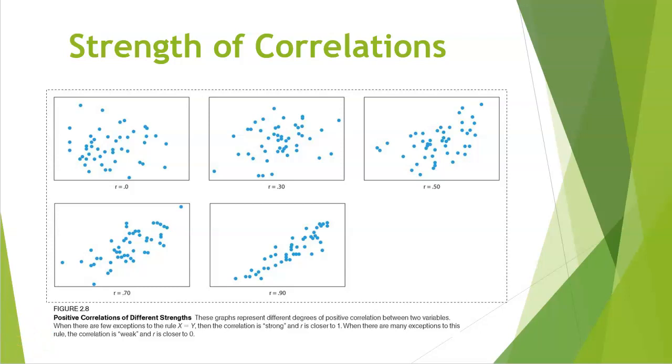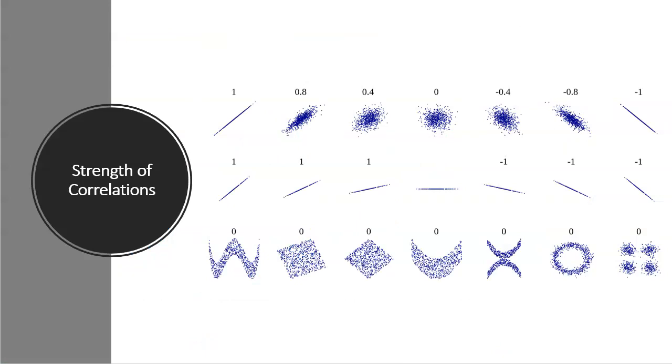So that's what strengths of correlations look like. And of course, negative correlations would be the same thing, but going from the top left to bottom right instead of bottom left to top right. Here are some diagrams of what correlations could look like. If all the dots line up perfectly into a straight line, then we call that an R of 1, whether it's straight up and down diagonal, or slightly to the side.